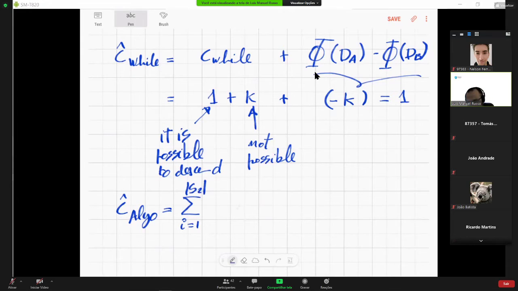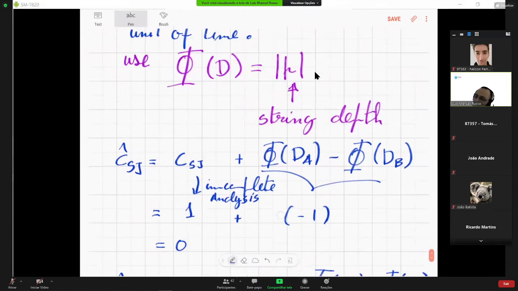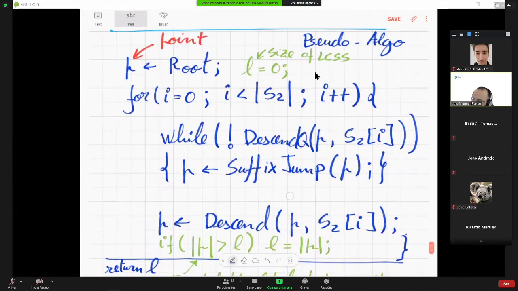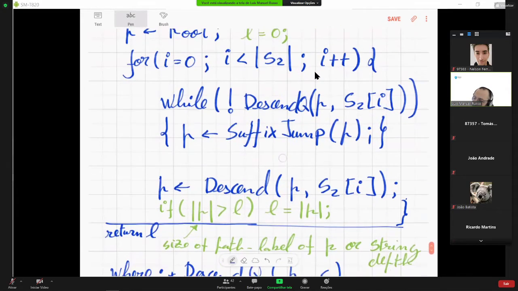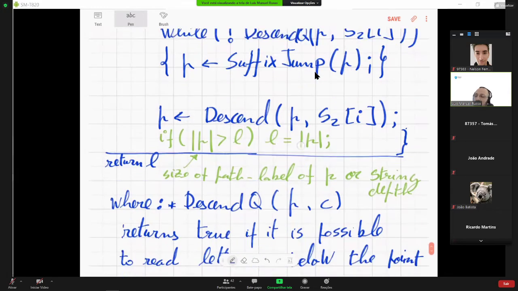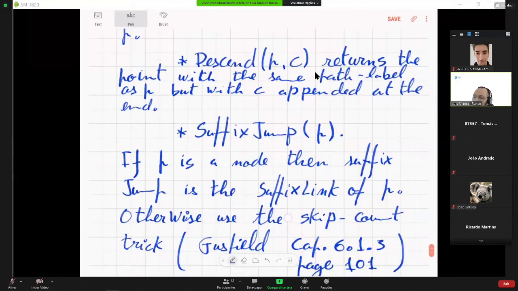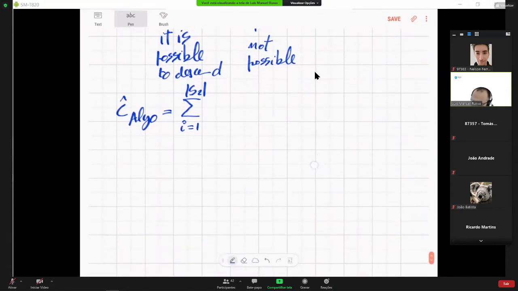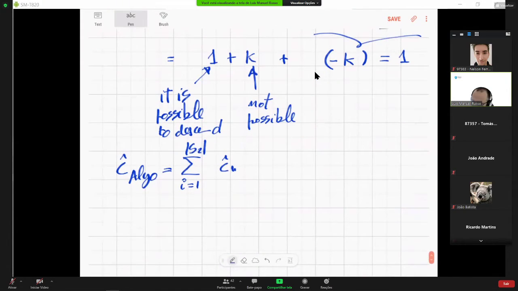So we need to sum up amortized costs. So we need to sum the amortized cost of the while cycle, and we also need to sum the amortized costs of descent. Okay, but let's assume we know how much the amortized cost of descent is going to be. So it's going to be the amortized cost of the while plus the amortized cost of the descent.